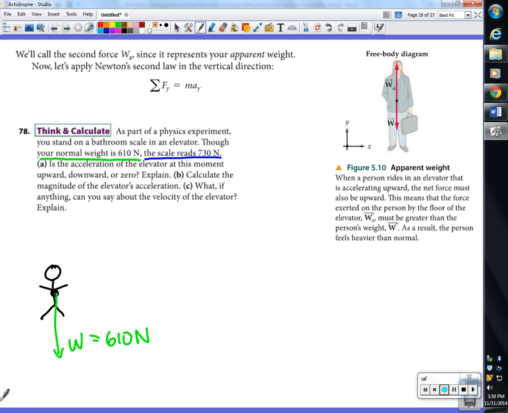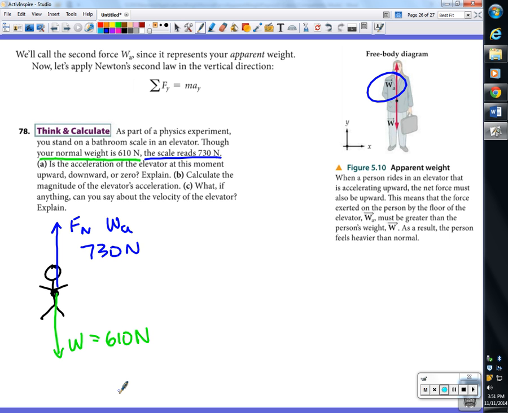We said the scale is a measure of your apparent weight, quote unquote. And we said that your apparent weight comes from the normal force. Your book also sometimes likes to label it as W sub A. Those are both the same thing. I like normal force because it's just showing you that it's the same kind of force as before, just in a different way. And it says that your normal force in this case is 730 newtons.